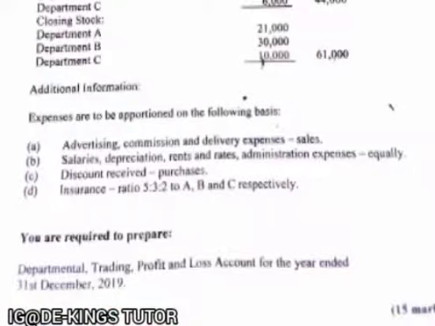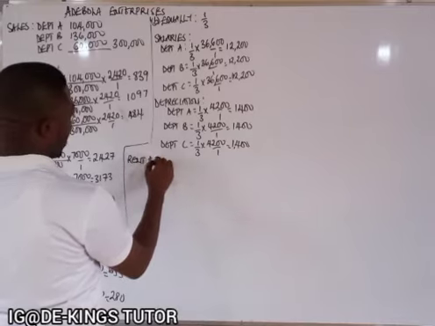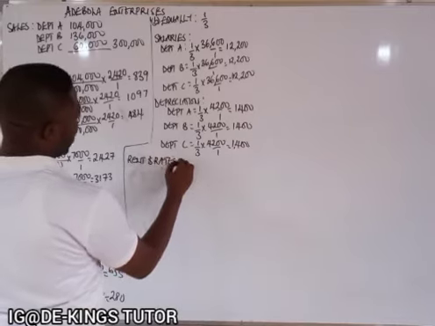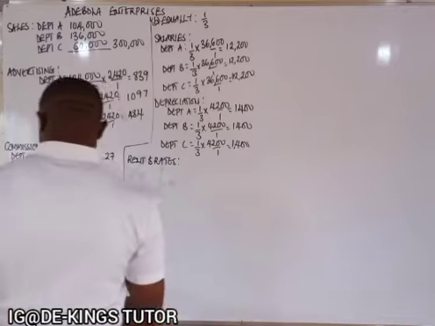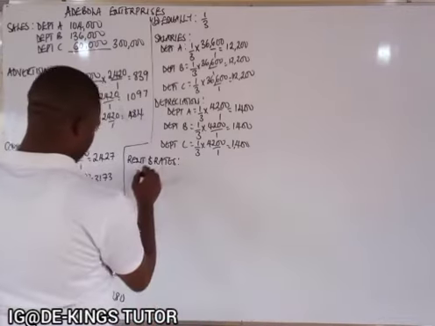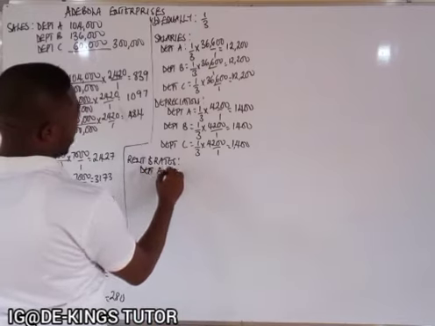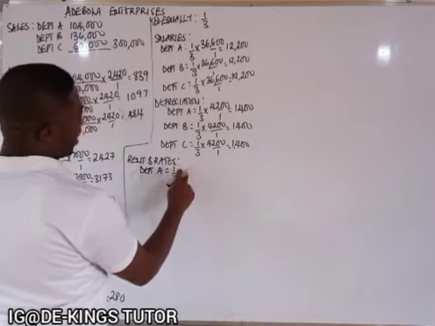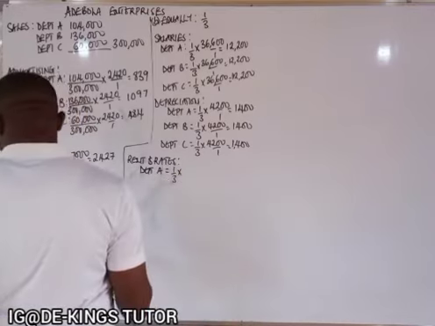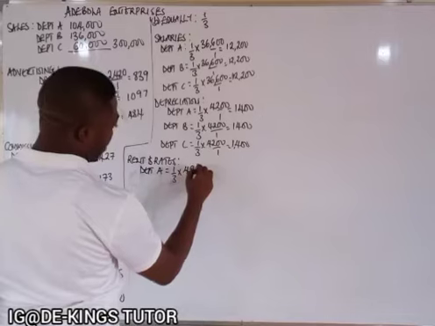The next one is rent and rates. Rent and rates is also equally. So we have Department A as 1/3 times, now what is the amount for rent and rates? It is 4,920.